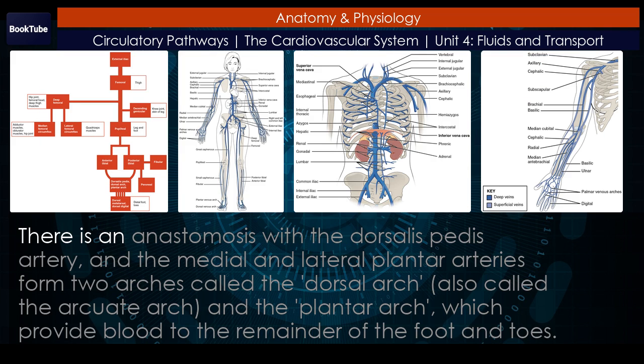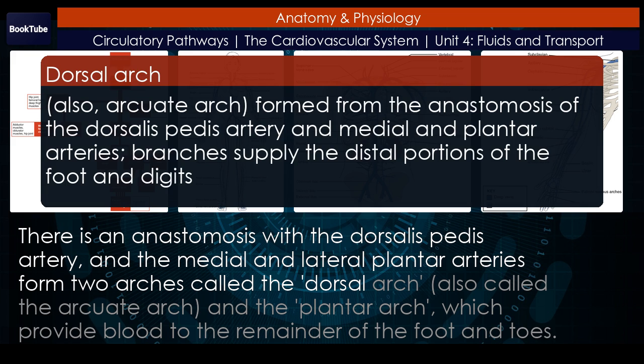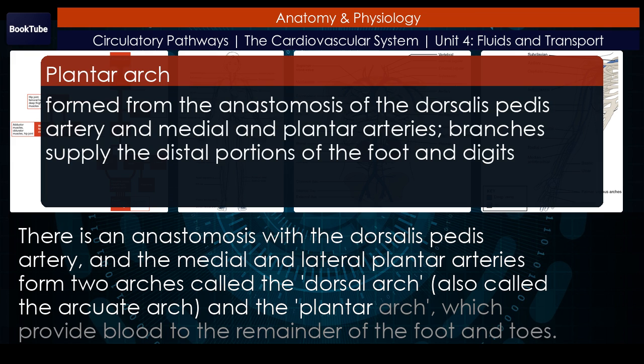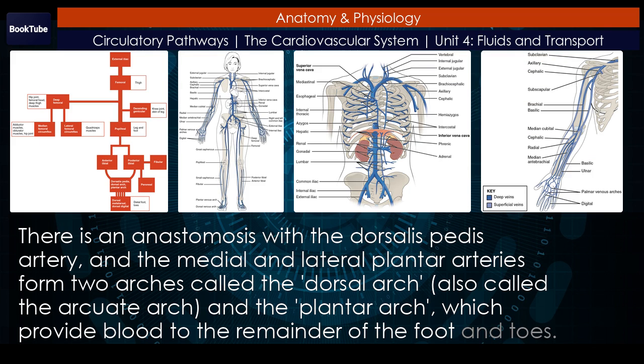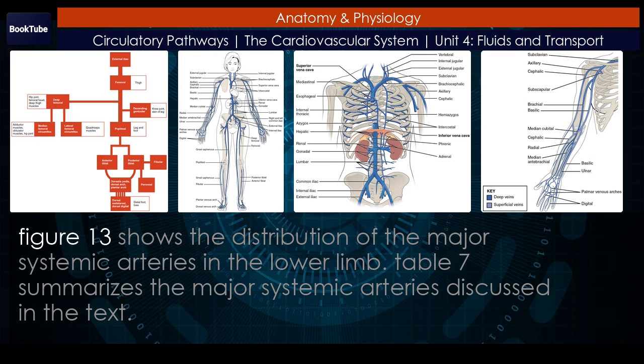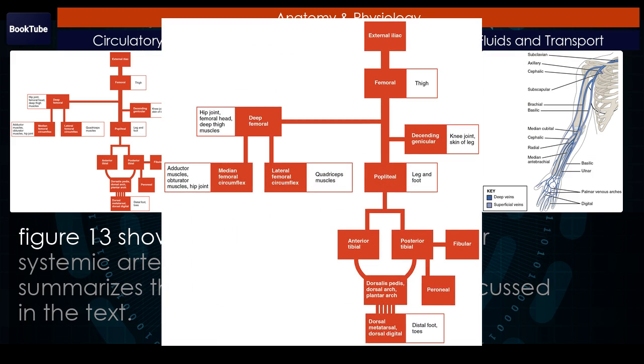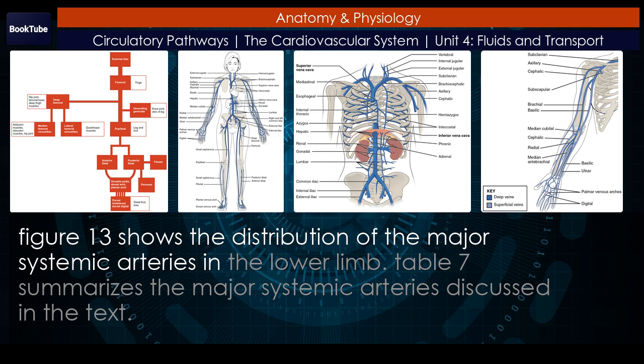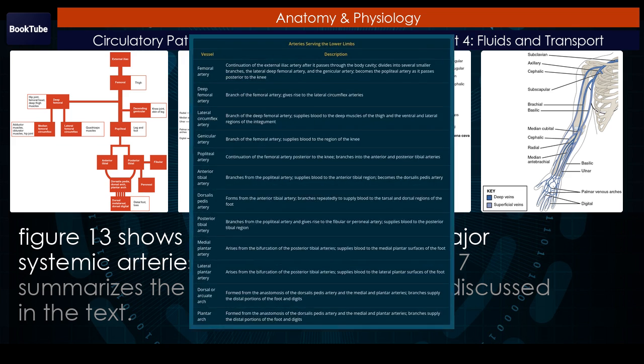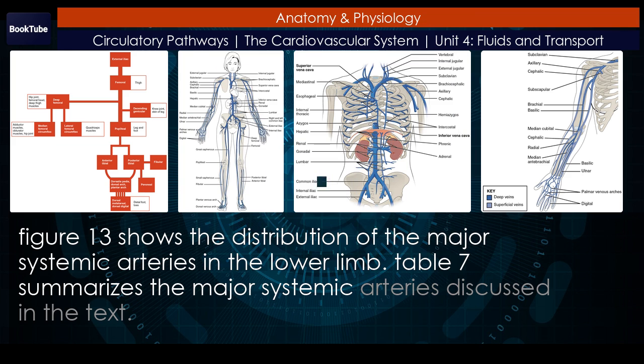There is an anastomosis with the dorsalis pedis artery, and the medial and lateral plantar arteries form two arches called the dorsal arch, also called the arcuate arch, and the plantar arch, which provide blood to the remainder of the foot and toes. Figure 13 shows the distribution of the major systemic arteries in the lower limb. Table 7 summarizes the major systemic arteries discussed in the text.